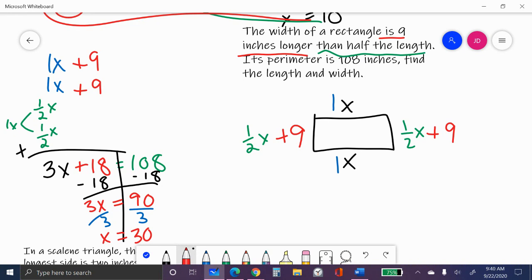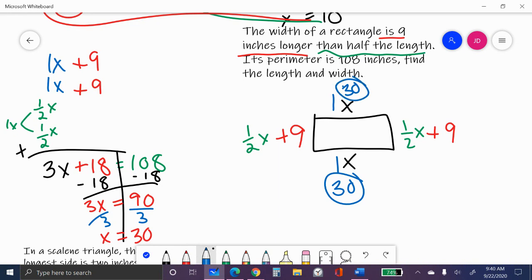So again, we're not done. We got to find the dimensions. We got to find the length. The length, when I type it in, is 1 times 30, which is 30. The length is going to be 30.